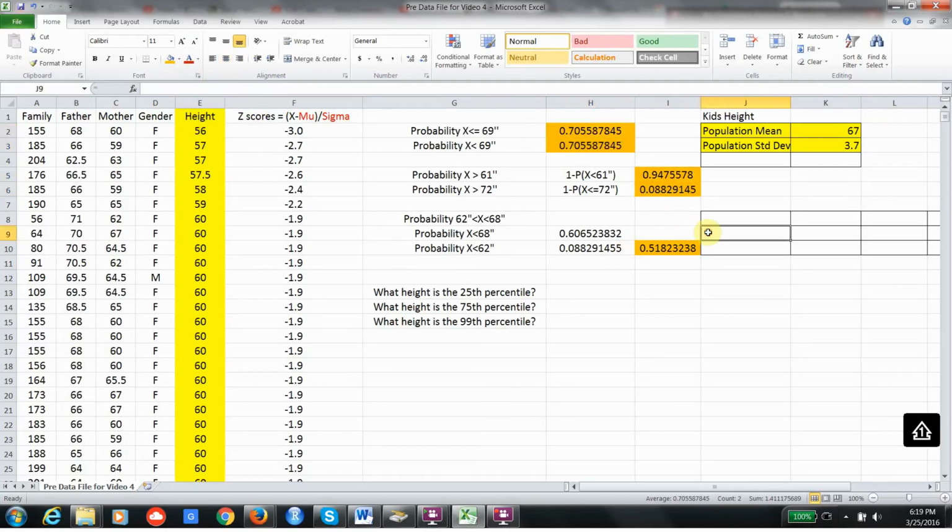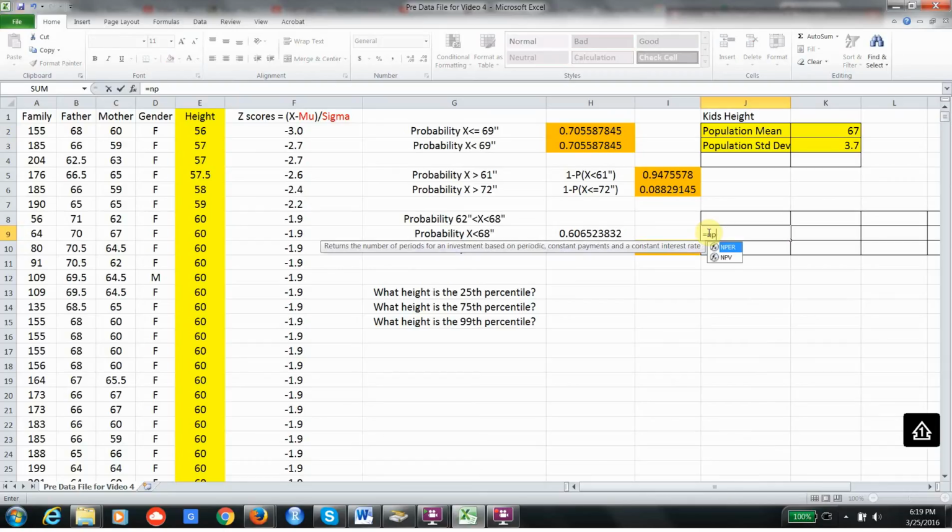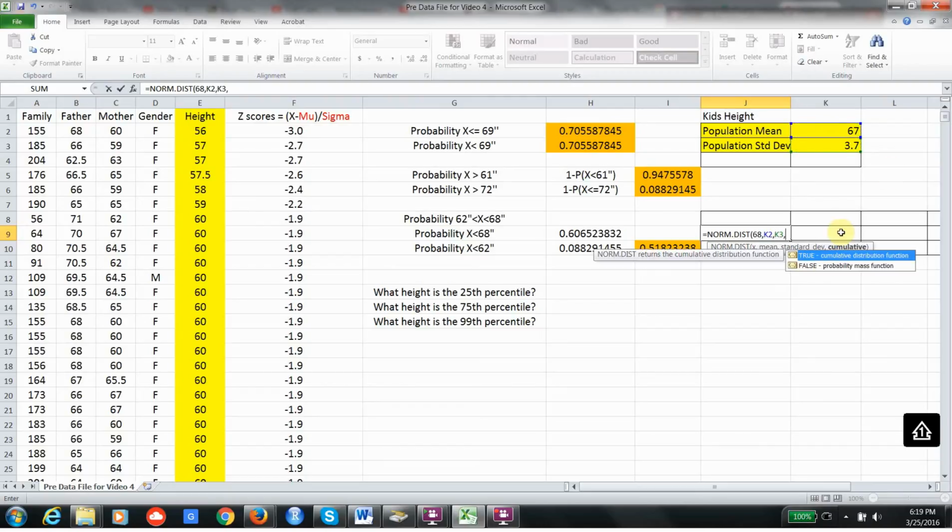I could have said, okay, this is equal to norm.dist, and I could have calculated it for 68, and then subtracted the value for 62 on the same line. And that's perfectly fine. Whatever is easiest for you.